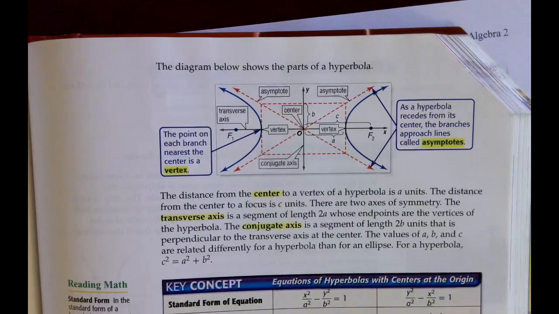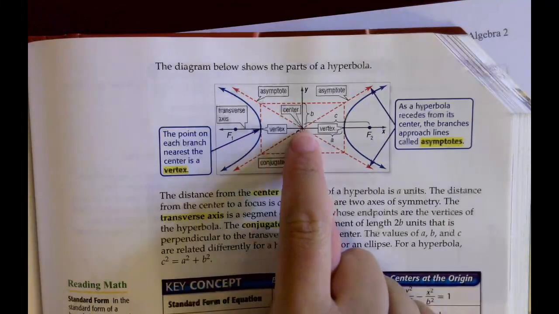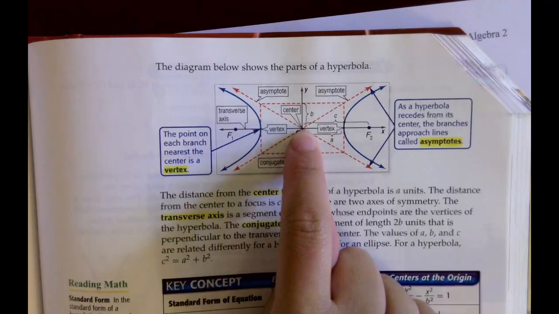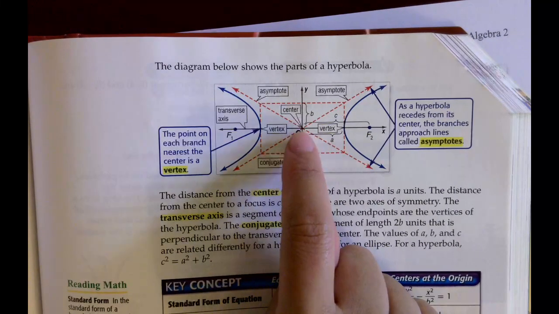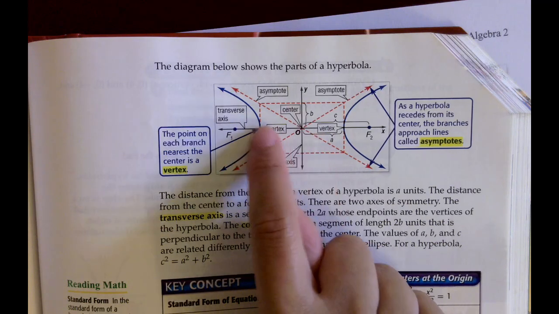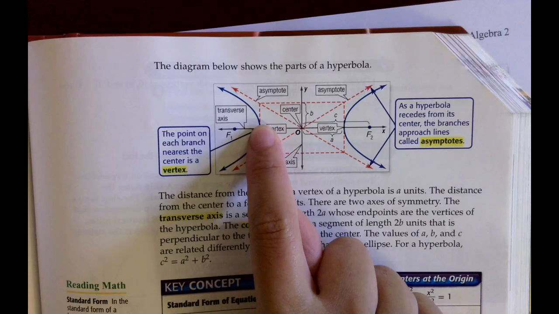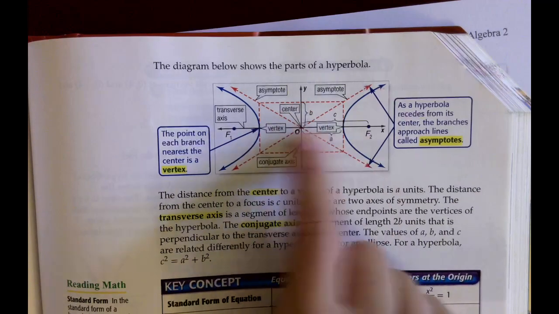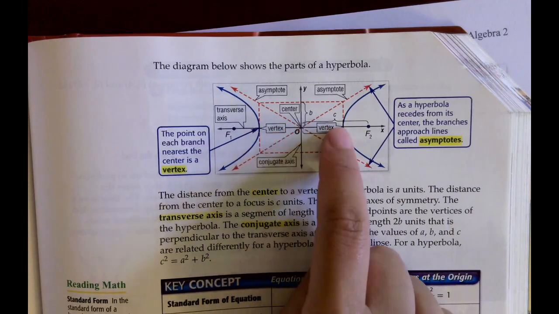Okay. So like our circle and our ellipse, we also have a center. Then the distance A gives us our vertex. So here's A, from the center to one of the vertices of our hyperbola.